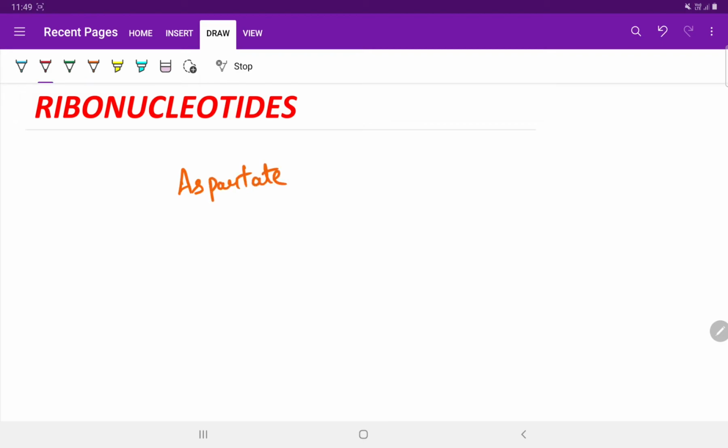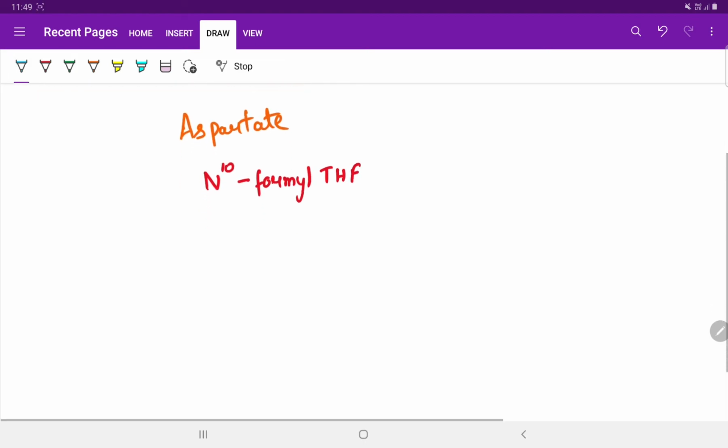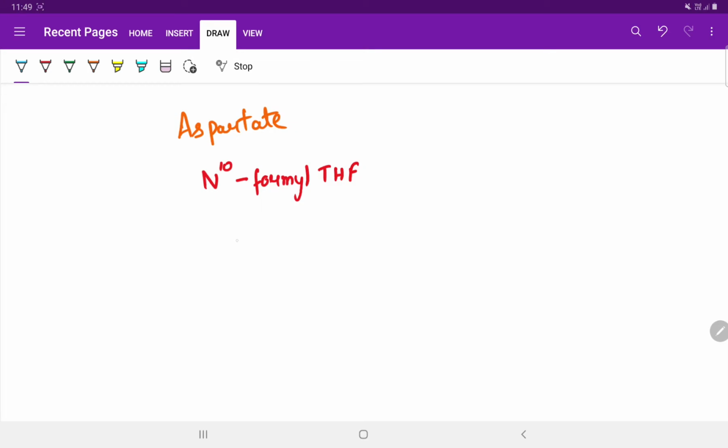Then comes the formyl tetrahydrofolate. It is written as this N-formyl tetrahydrofolate, and also the glutamine.